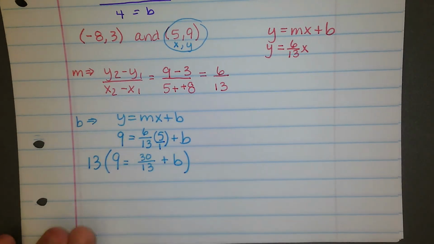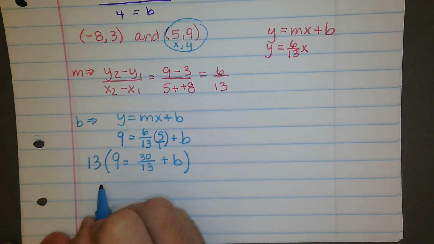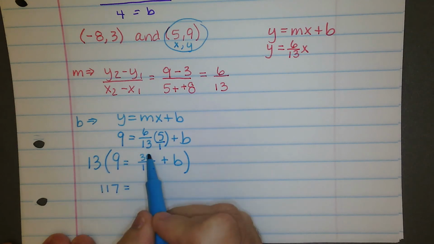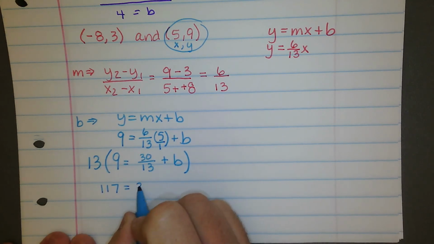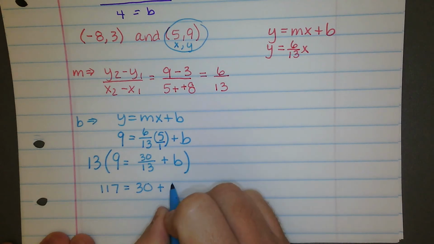So I'm going to multiply everything through by 13. When I do that, I'm going to do 13 times 9, and that is 117. I'm going to do 13 times 30 divided by 13. So the 13s are going to cancel, and you're going to get 30. And 13 times b is 13b.